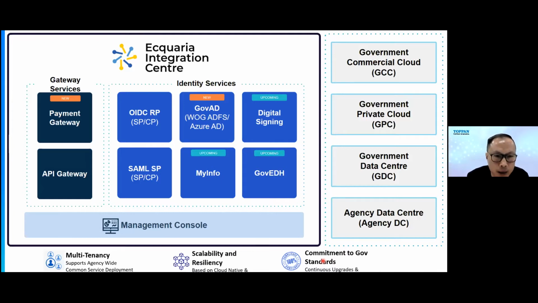And secondly, as the government rolls out new services like digital signing and ADFS, we are also committed to build new products to integrate to these services, so that you can be sure you have a roadmap to serve your future needs.